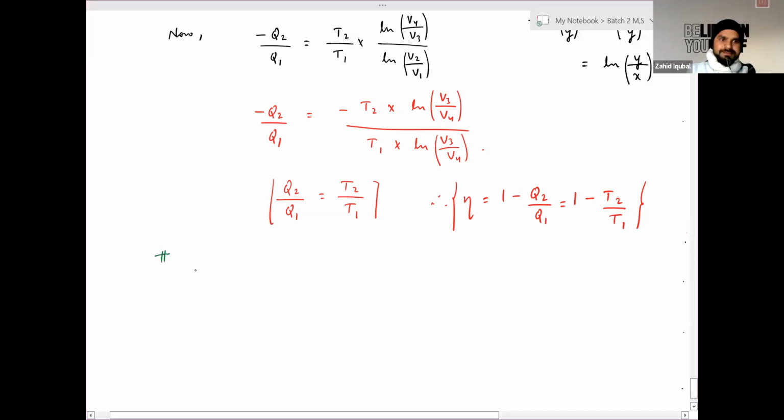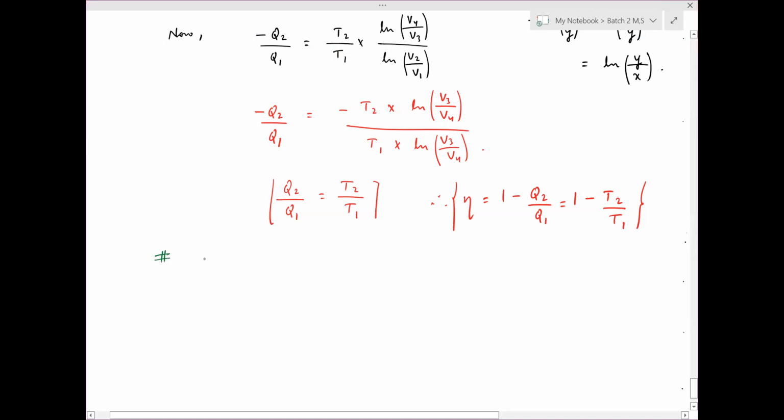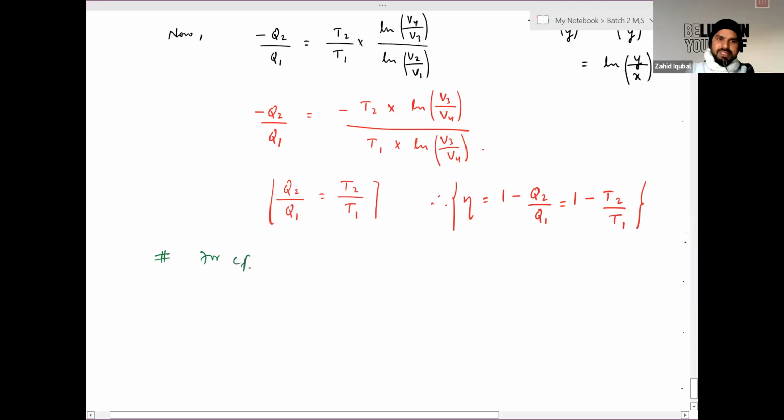So you can say, for the efficiency of a heat engine to become 1, unity or 100%, T2 must be 0 Kelvin.